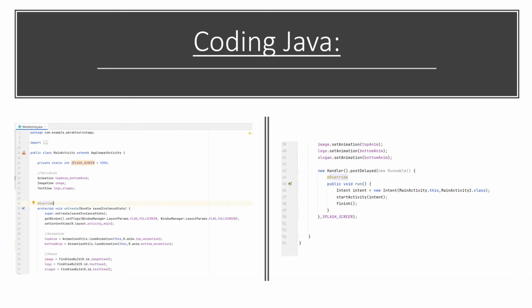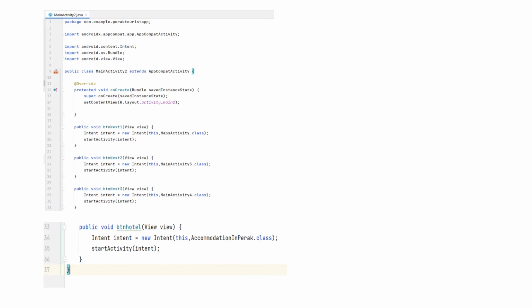Now we're entering the Java coding. In this slide, we have the MainActivity.java, and if you can see, we have the splash screen over here on your right, and we have the logo. This is MainActivity2.java.